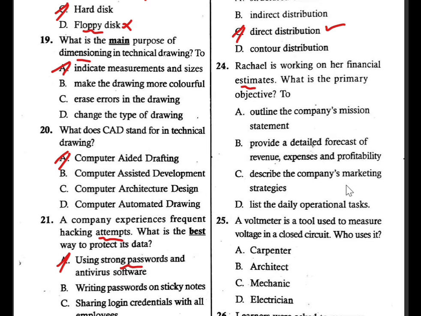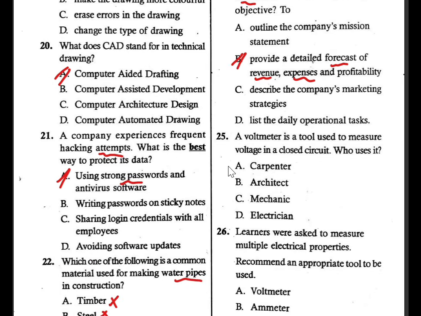C, describe the company marketing strategies. D, list the daily operation tasks. So you know that katuna work on your financial estimates, inamaanisha unaangalia maybe budget. The importance is it gives you a detailed forecast. You're able to forecast the revenue, what you're going to get, expenses, and profitability. And therefore, number 24, the answer is B.